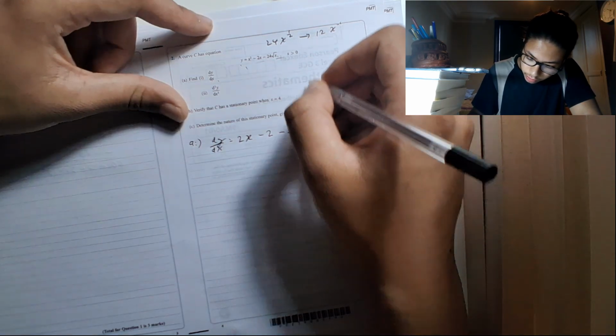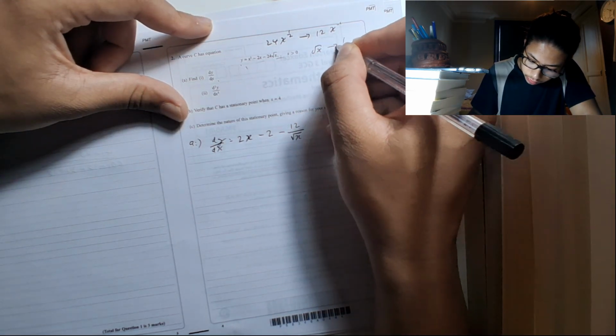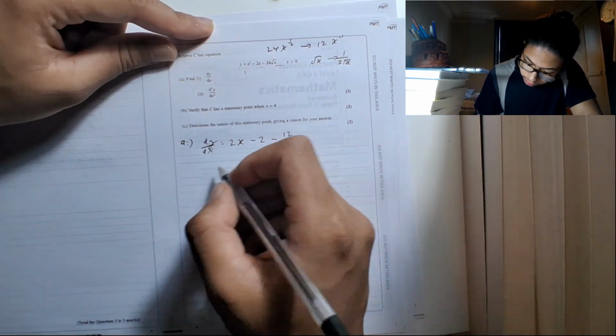Oh yeah, because root x goes to 1 over 2 root x. Okay. And then differentiate again.